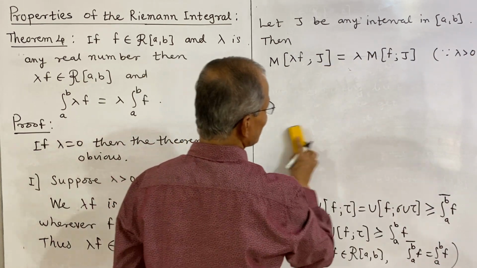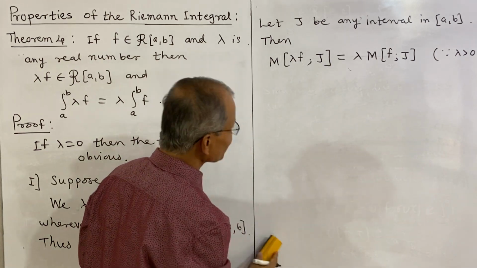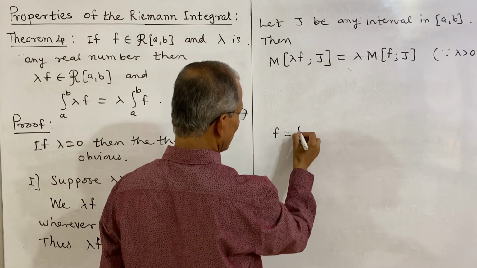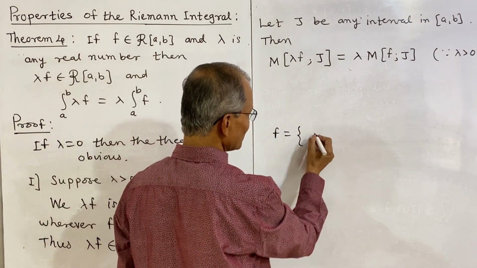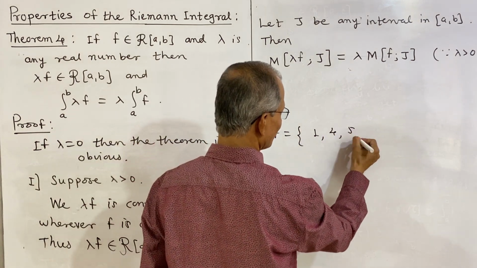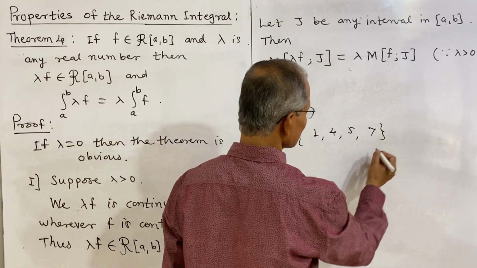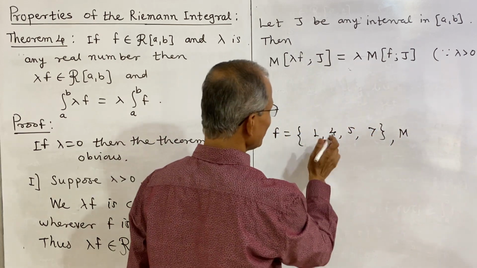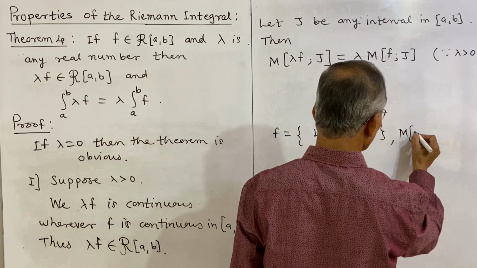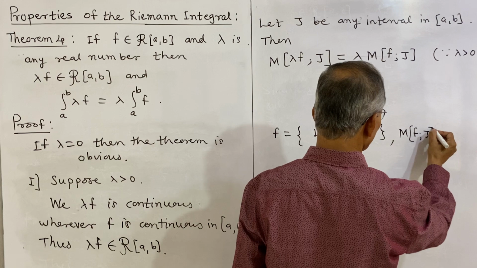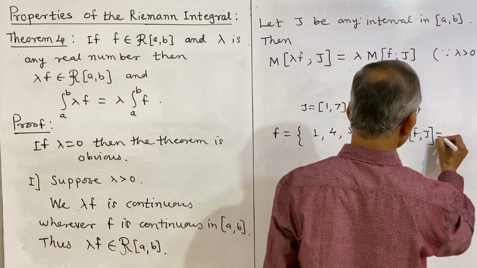Now how is this so? Suppose f is a function taking discrete values, for example 1, 4, 5, 7, any values can be taken. The interval may be taken as 1 to 7, and the maximum value of f over the interval j is 7.